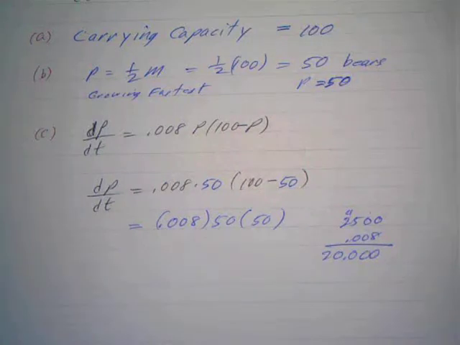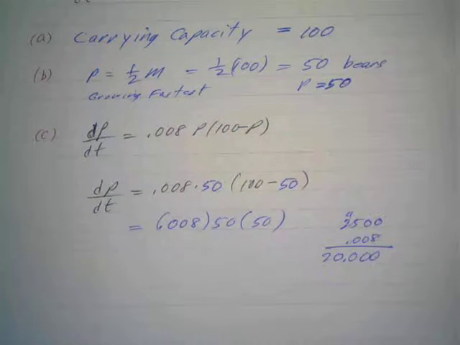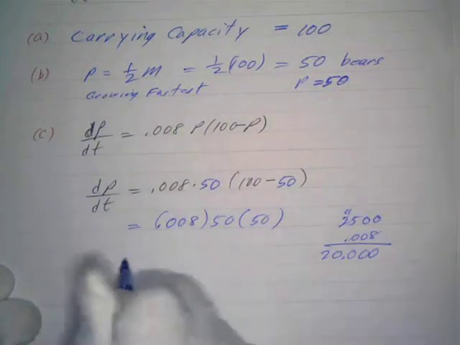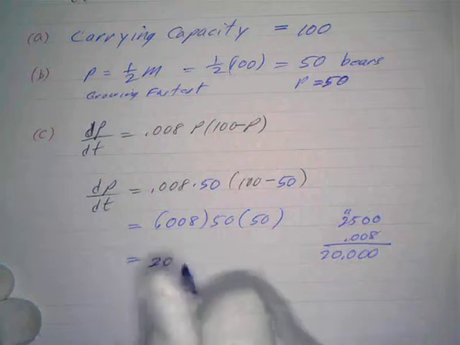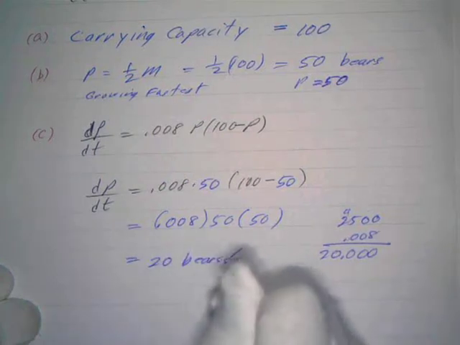So what is the rate of change of the population when it's growing the fastest? Time is measured in years, so that would equal 20 bears per year.